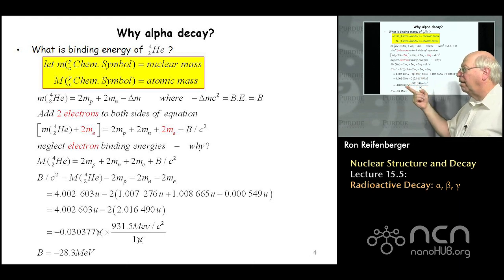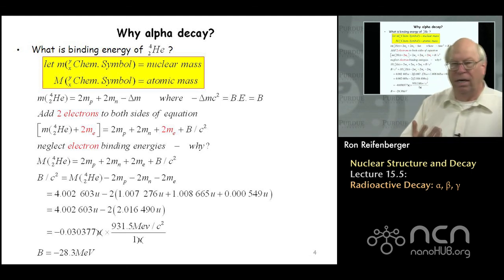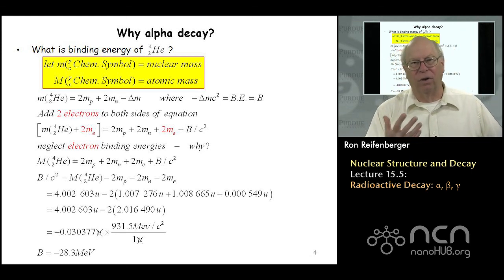And when you work through the numbers, what you find is that the mass deficit delta M is about minus 0.03 unified mass units U. You can convert that into energies by using the conversion between MeV per c squared and unified mass units U. That's 931.5 divided by 1 U. And so what you find at the end of the day is that the binding energy for the helium nucleus is about minus 28 million electron volts.